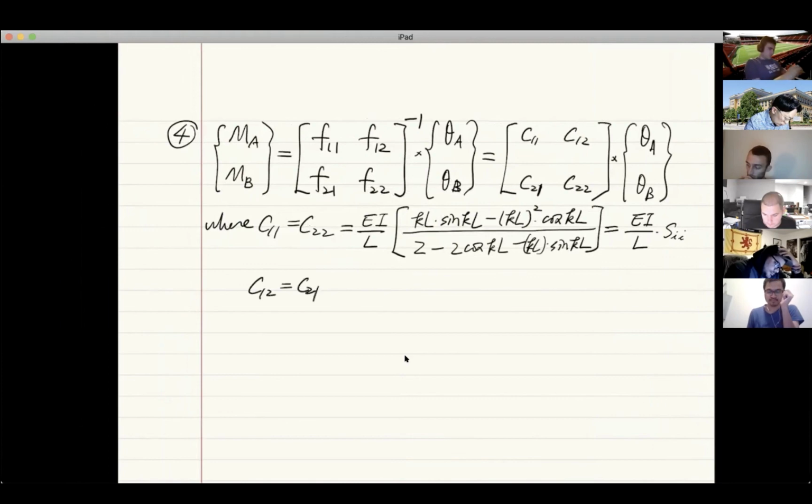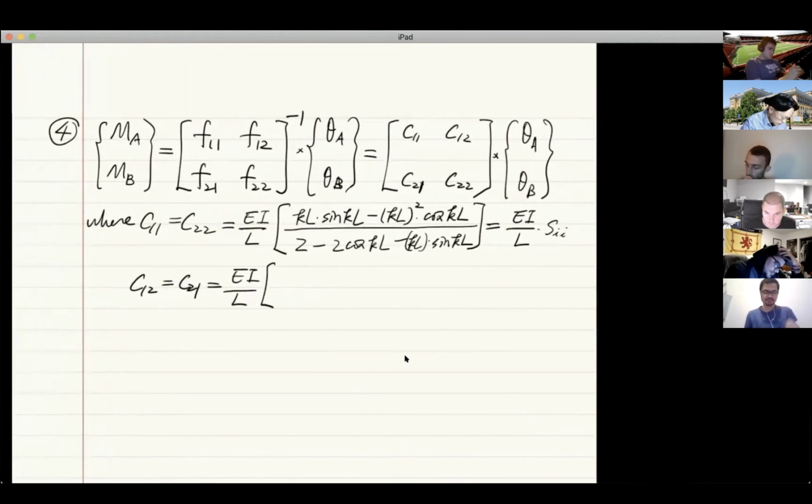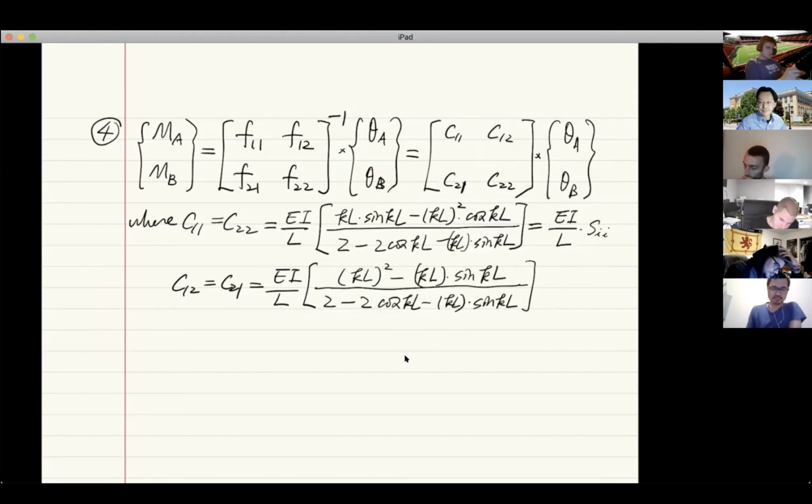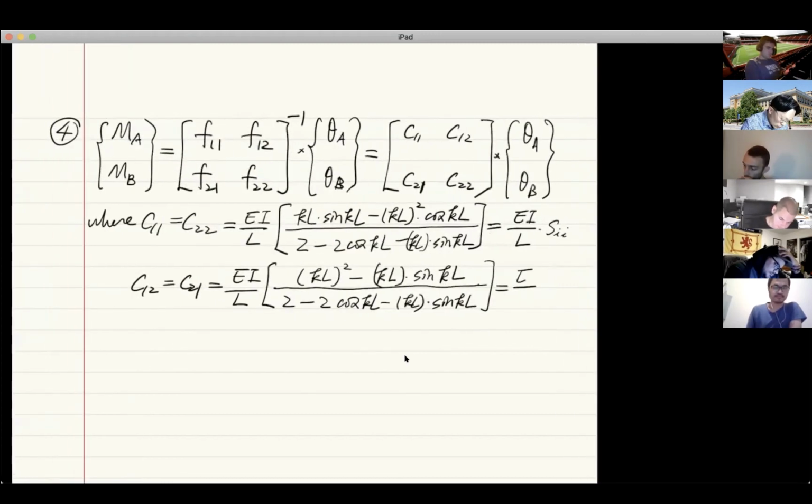C12 equals C21 equals EI over L times another thing. Downstairs all the same: 2 minus 2 cosine KL minus KL times sine KL. Upstairs, it is KL squared minus KL times sine KL. And we said this is related to another coefficient with a factor EI over L. And we call this Sij.